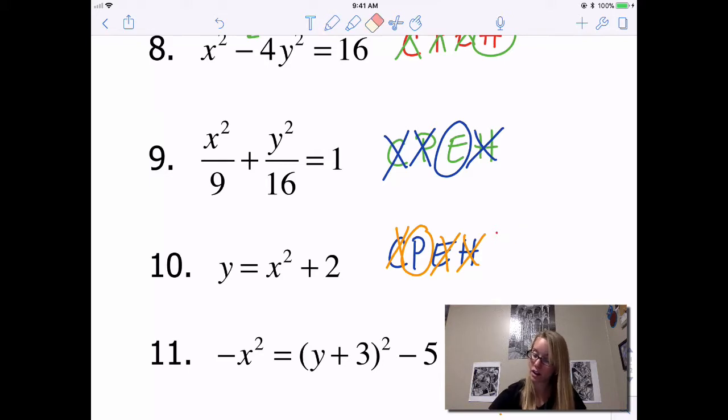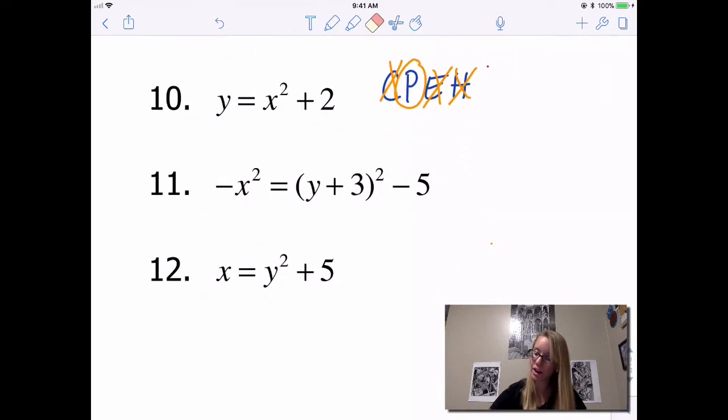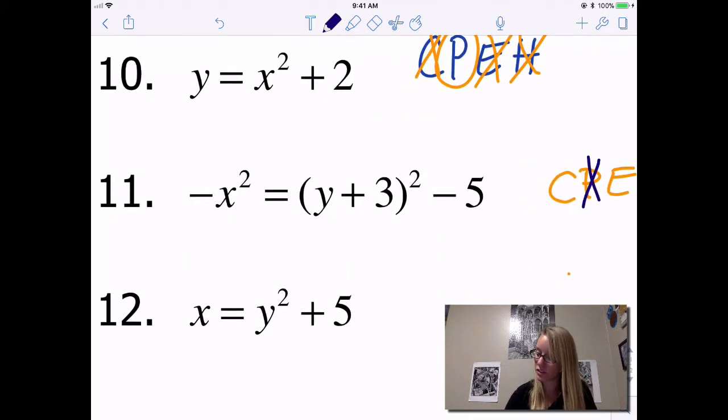And then number 11, we have negative x squared, y plus 3 squared minus 5. This one's kind of tricky because if I do circle, parabola, ellipse, hyperbola, it looks like we've got that minus, so it might be a hyperbola. But notice, first of all, I know it can't be a parabola because both things are squared. But right now we have my x squared and the y squared on different sides of the equal sign. So I want to move stuff so everything's together.